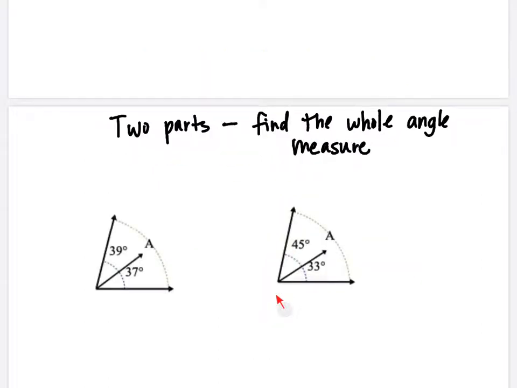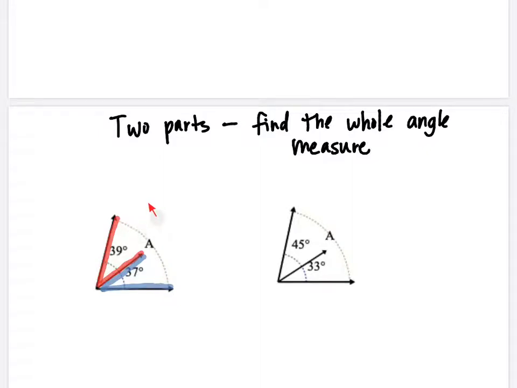Here we can see two examples of adjacent angles. Let's deal with this one first. We see that this angle in red is adjacent to this angle in blue. The red angle's measure is 39 degrees and the blue angle's measure is 37 degrees. So we are given two parts, and we need to find the whole angle measure.